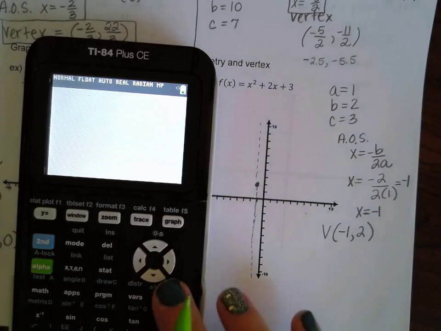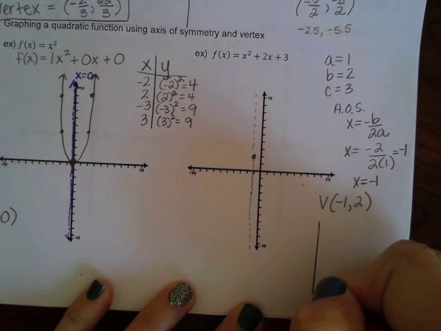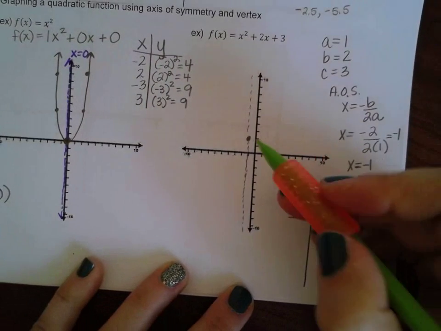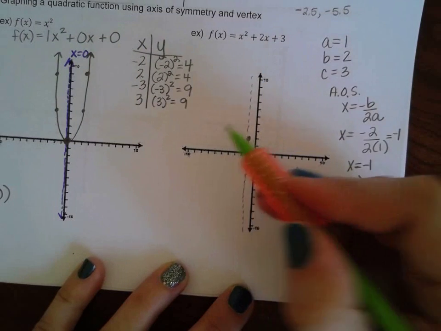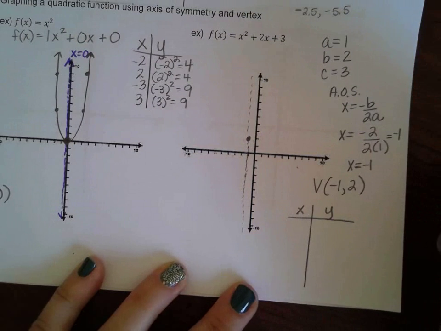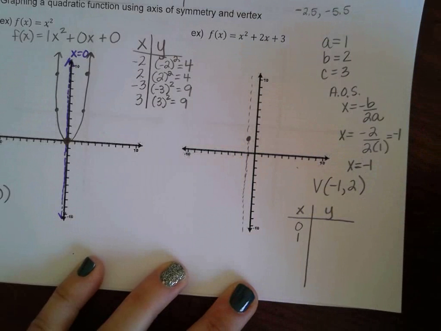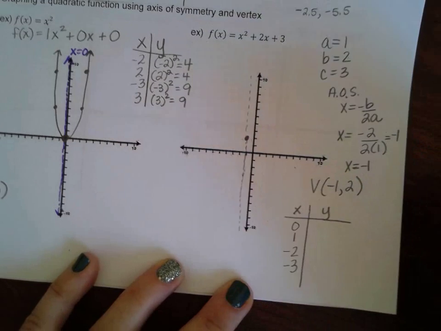Now we'll do a table of x's and y's to help us out with this. So we'll do a couple of points on the right hand side of the vertex and a couple of points on the left hand side. So let's do, how about 0 and 1, and then we can also do, how about -2 and -3.